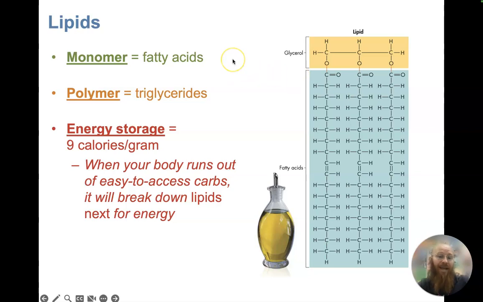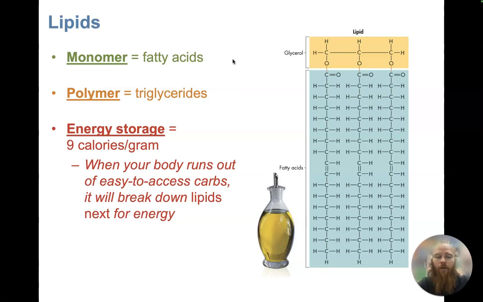If you take all those fatty acids and you bind many of them together, you form the polymer called triglycerides.